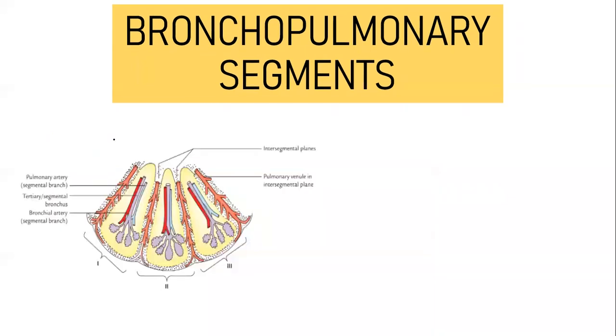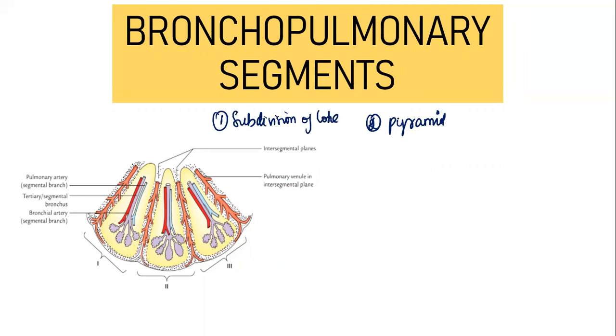Now, let us see some surgical points on the bronchopulmonary segment. If they ask you about the bronchopulmonary segment, you have to draw this diagram and explain certain points. The first point, it is a subdivision of a lobe of a lung. Just now I told you, a lobe is divided into so many segments.